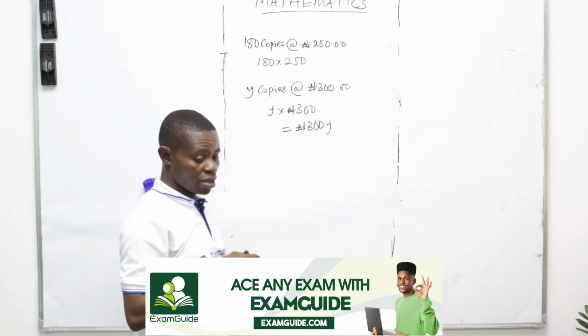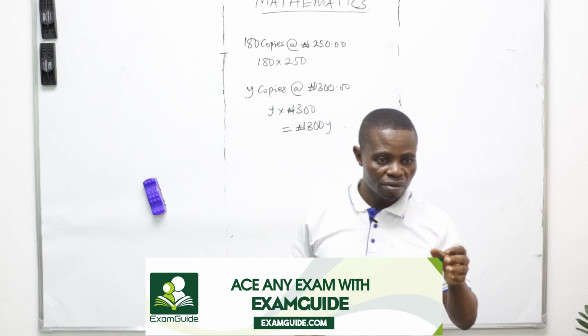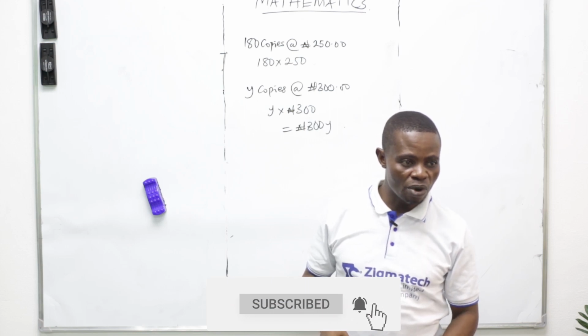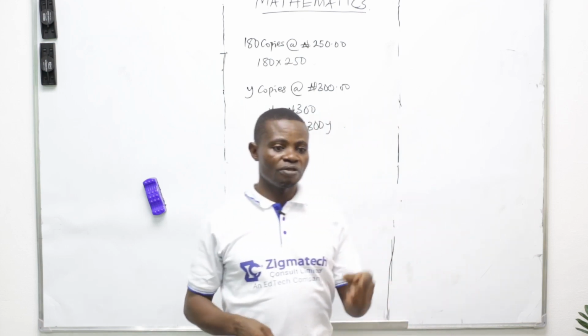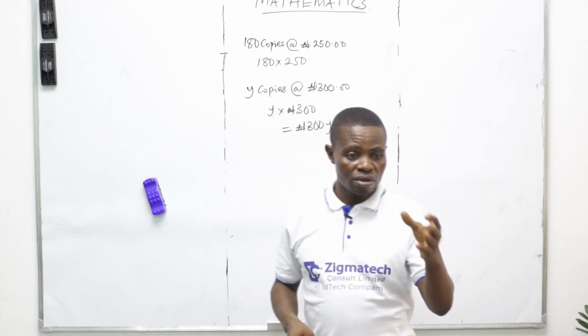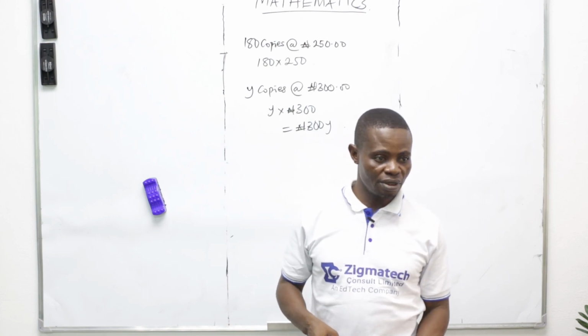Okay? Now something was mentioned here. And the rest at a discount of 50 kobo in the naira. This is where some of us have a challenge. 50 kobo, converting it to naira, that's 5 all over 100.